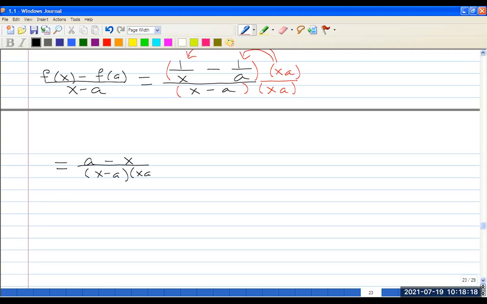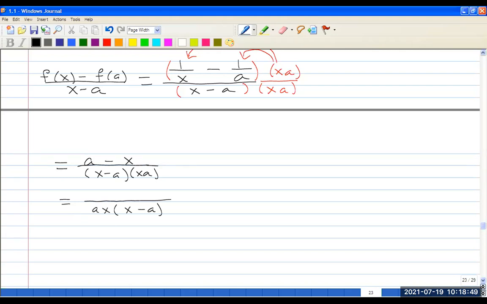I want to cancel the x minus a and the a minus x. So let me put the xa in front. So I'll rewrite my denominator as ax, I like to go in alphabetical order, ax times x minus a.